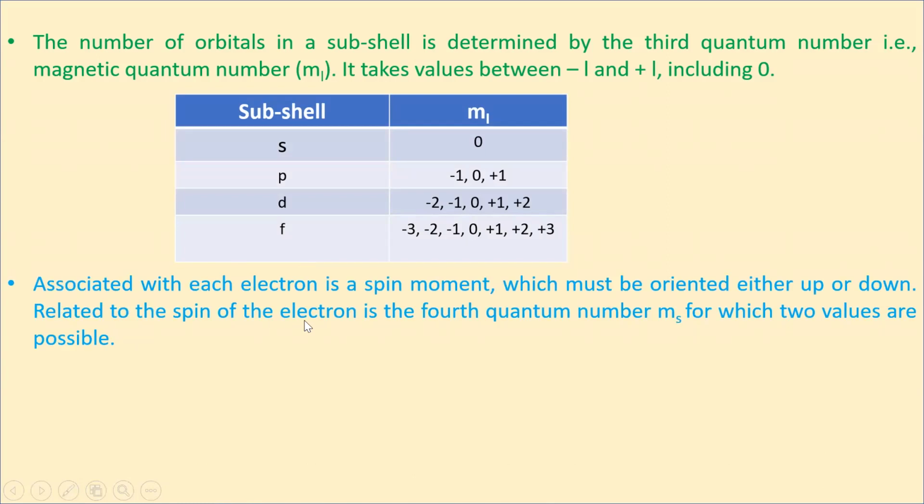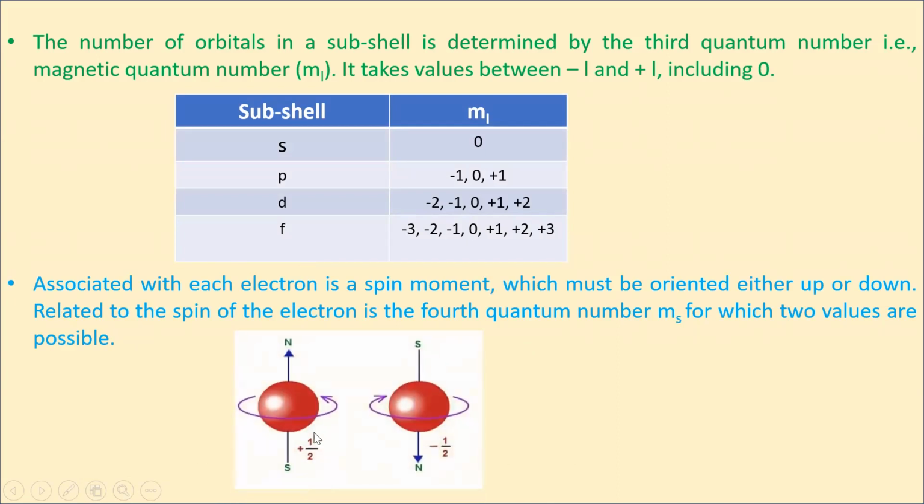Now, associated with each electron, there is a spin moment based on how the electron rotates along its own axis, not the axis of the nucleus, but along its own axis. Based on that, we have the spin moment that is related to the spin of the electron, and that is the fourth quantum number, which is ms, and two values are possible for that.